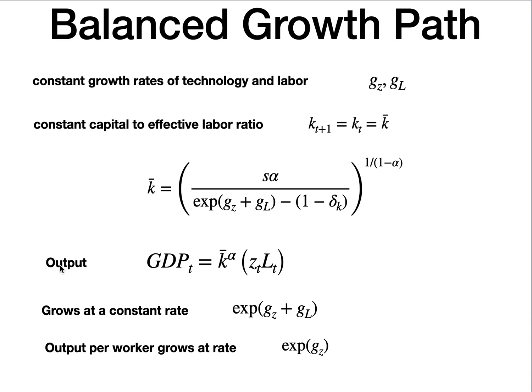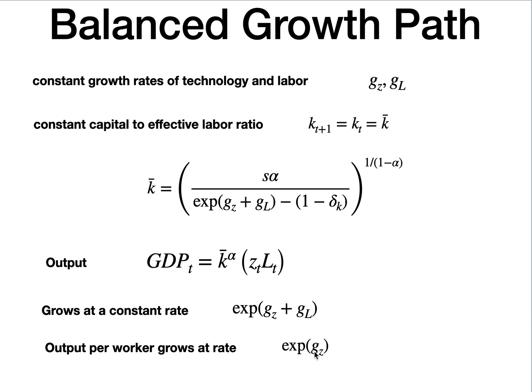We have the GDP on the balanced growth path is then given by that constant ratio to the alpha times the amount of effective labor. So GDP grows at a constant rate, which is the growth rate of effective labor. And output per worker, or output per capita, which is something we looked at, grows at a constant rate, the growth rate of technology.